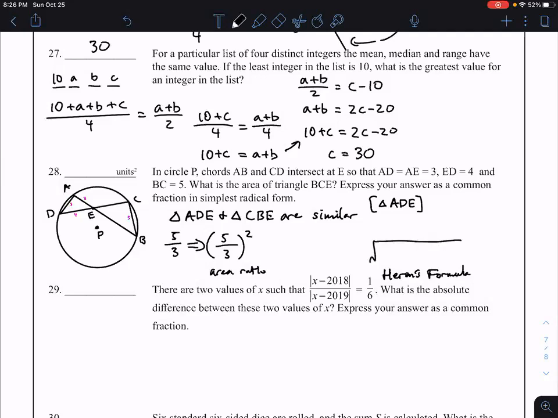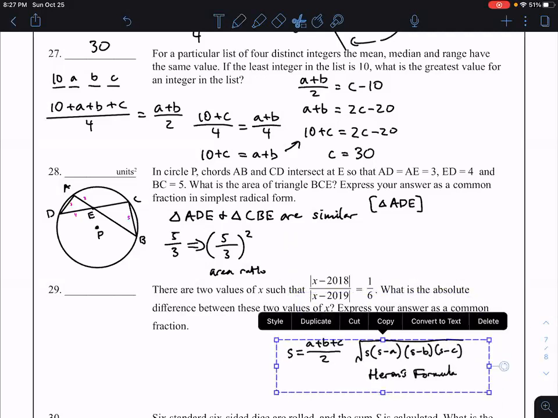So basically, the square root of S times (S minus A) times (S minus B) times (S minus C) is the area of a triangle. So A, B, C are the side lengths, and S is equal to (A plus B plus C) divided by 2. S is called the semi-perimeter, I think. Yeah, semi-perimeter. That's Heron's formula. I'm going to move that here.